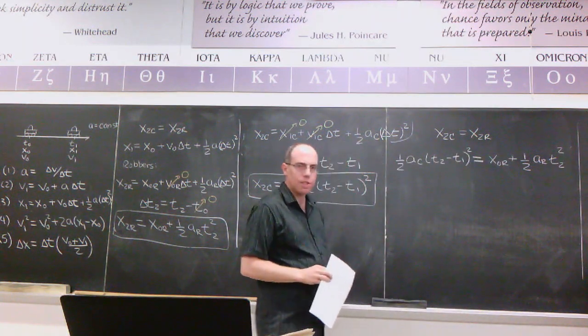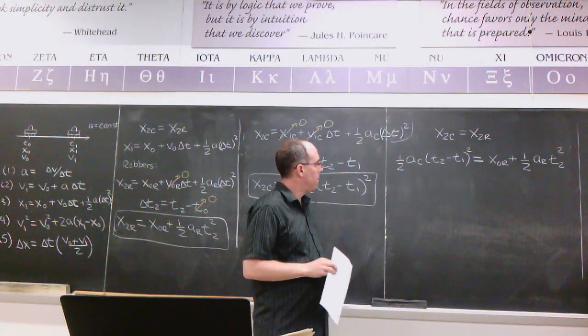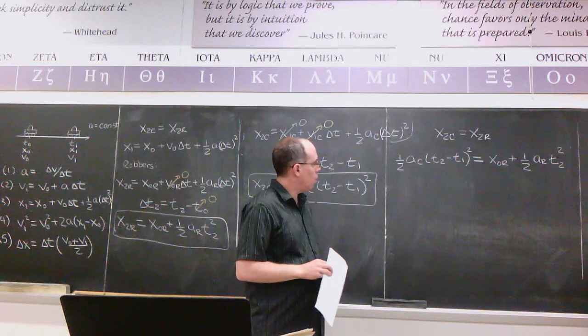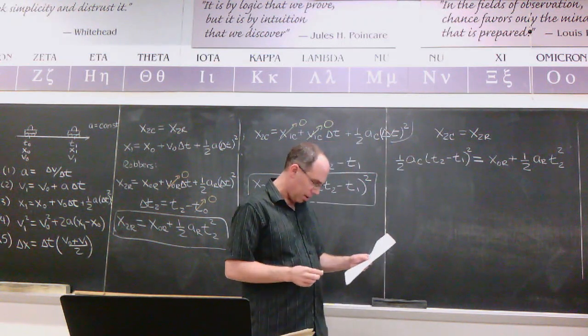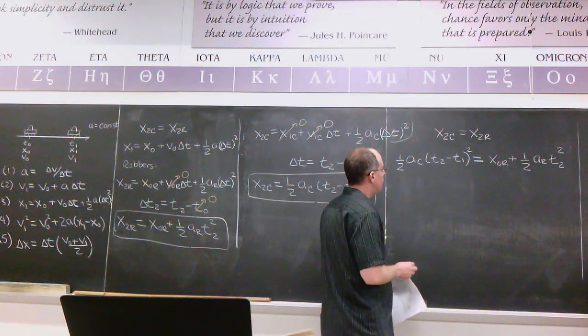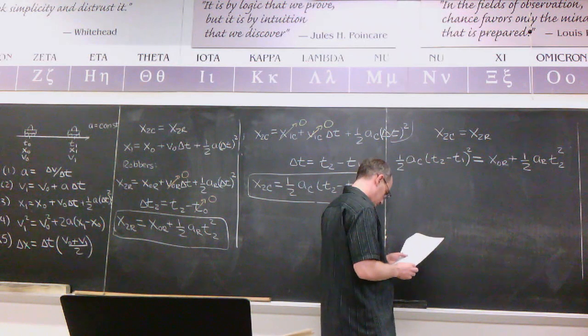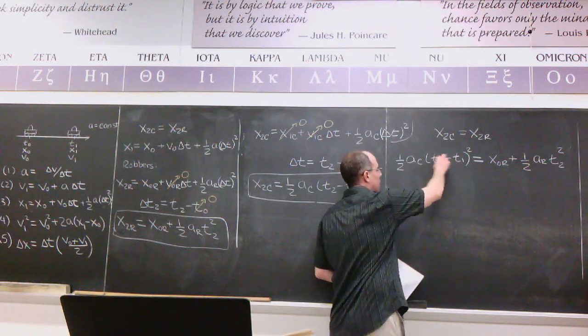All right, so we want to isolate t2 somehow. Well, let's just put everything on one side of the equation and see if that rings any bells. All right, let's expand out the binomial here.